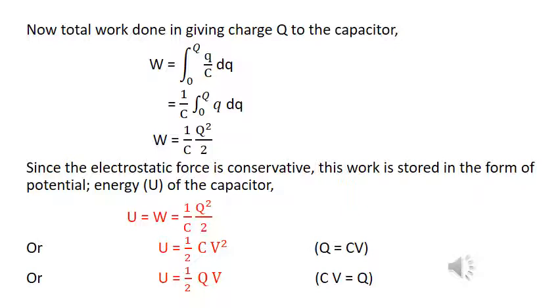The energy stored can also be written in the form of capacitance and potential V, U is equal to half CV square. And again, by putting CV is equal to Q, we can rewrite the energy stored in the form of total charge given to the capacitor and its potential, which is U is equal to half Q into V.